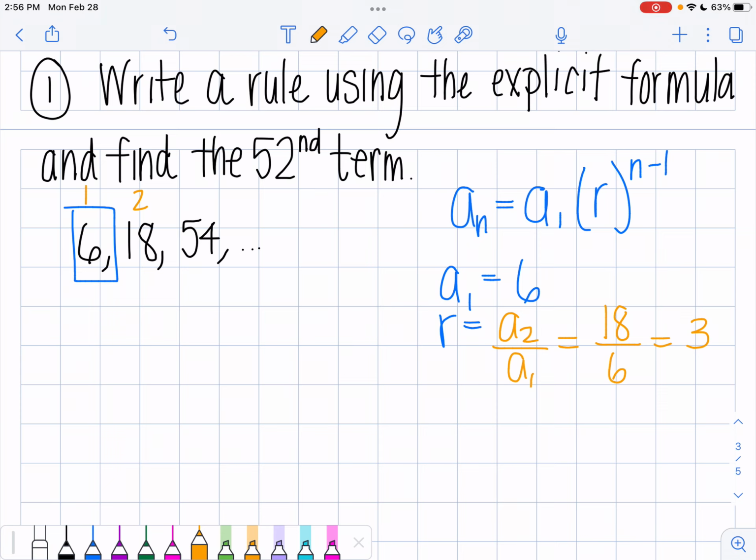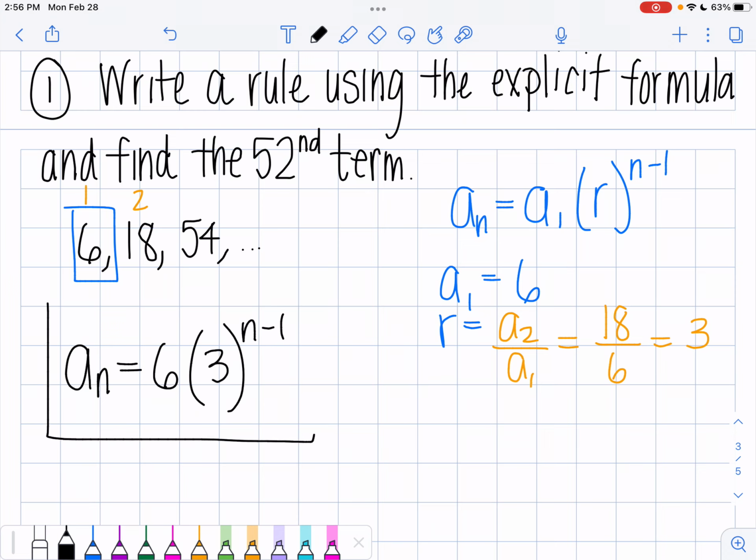And then I'm going to write my rule. So my rule says a sub n is equal to my first term, 6, times my common ratio, 3, to the n minus 1. This is my formula. We don't plug in any numbers besides a sub 1 and r. Now I'm going to find the 52nd term.